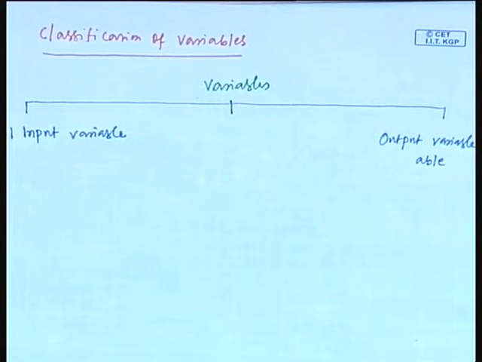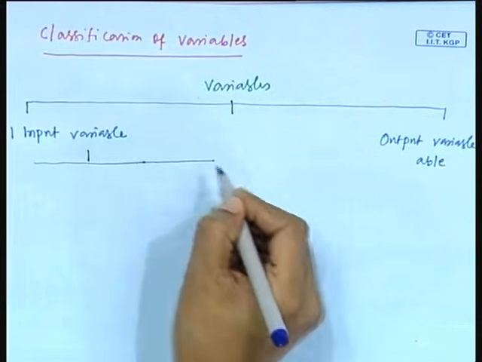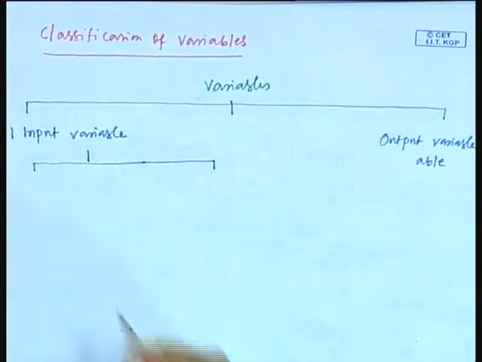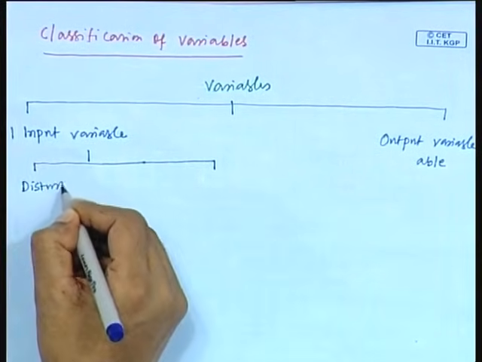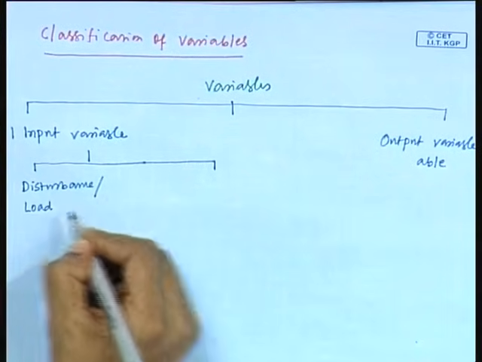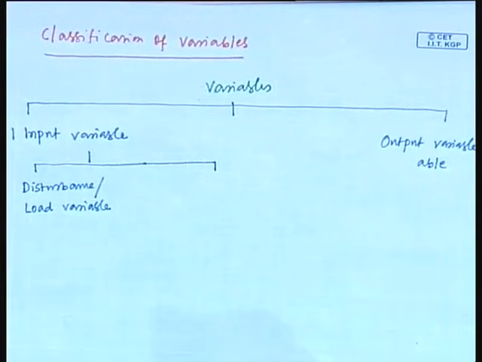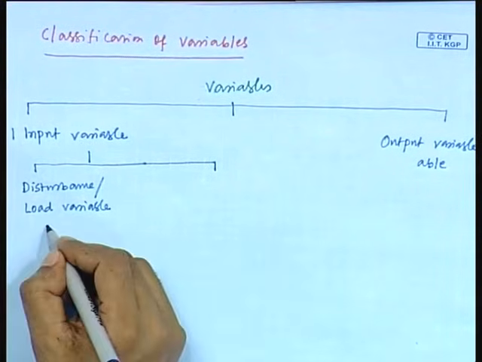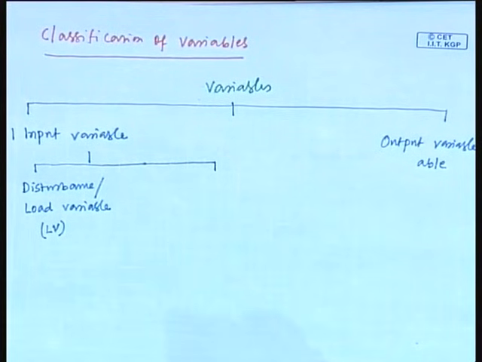Now, input variable is again of two types. First is the disturbance or load variable, conventionally represented by LV.